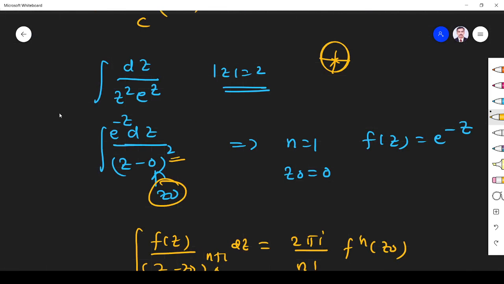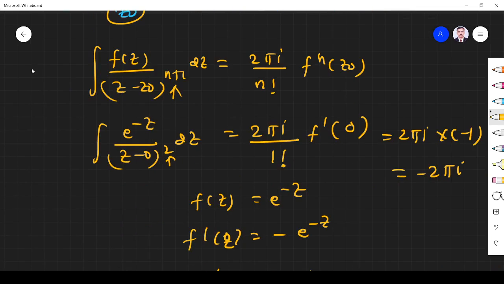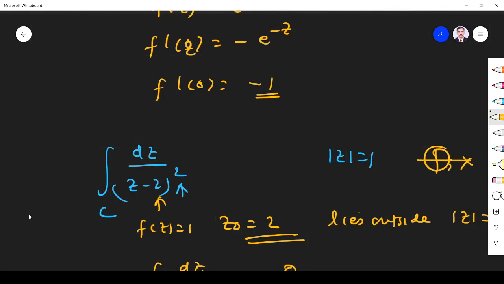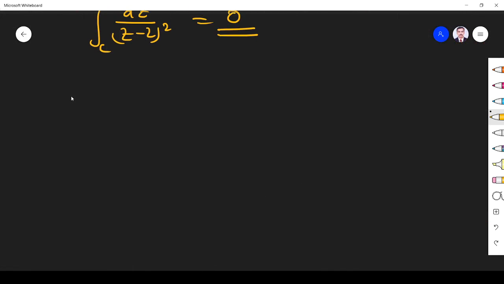Next problem is the integral of z into e power z divided by (z minus 1) whole cube, where mod z is equal to 3. Okay. So this is also a very good problem. Let us see what the problem is.